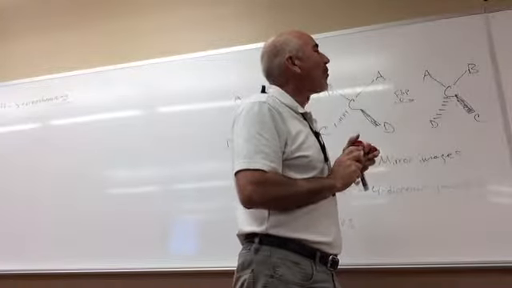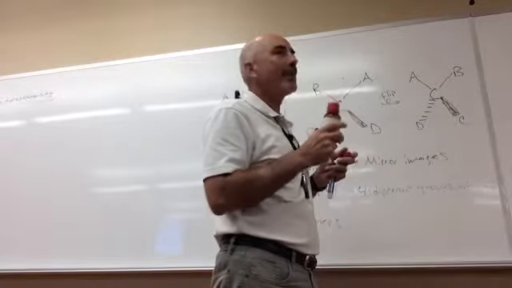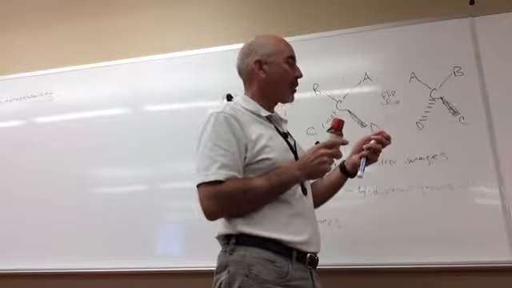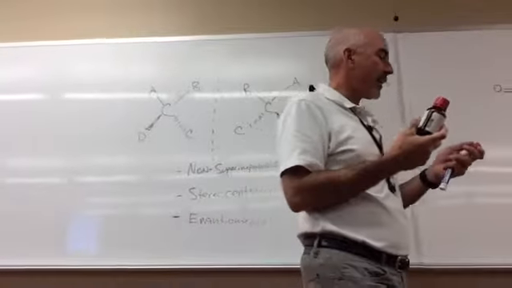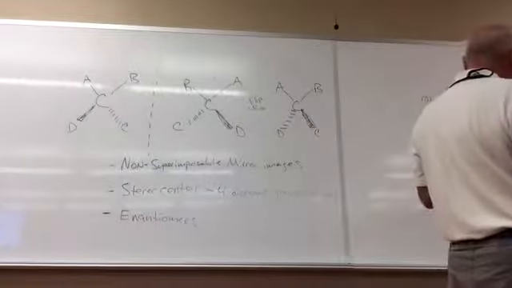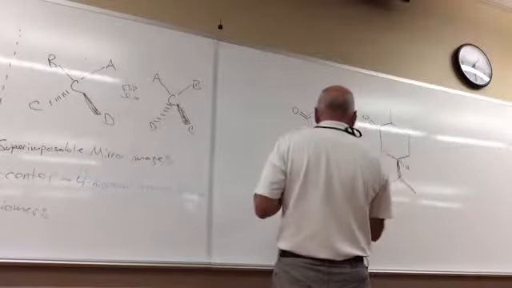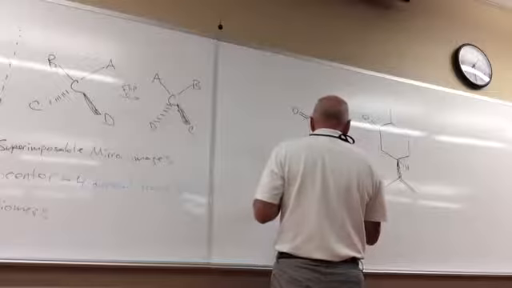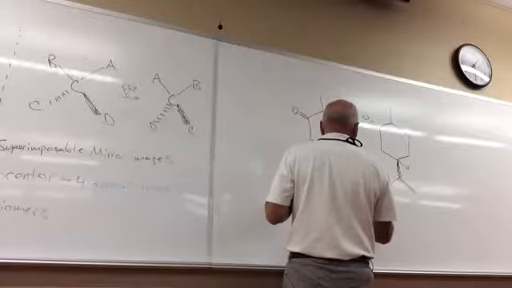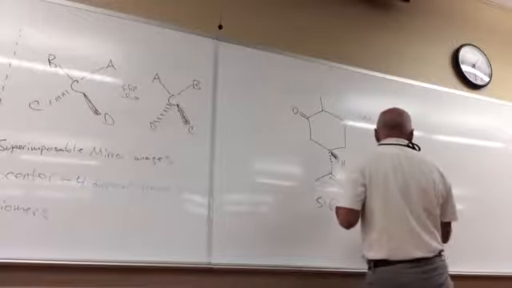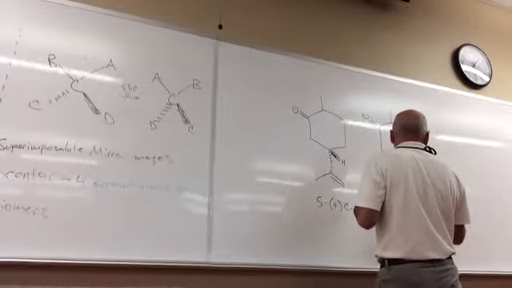So, here are the two structures, okay? One is plus carvone, and the other one is minus carvone. One is S plus carvone, and the other one is R minus carvone.